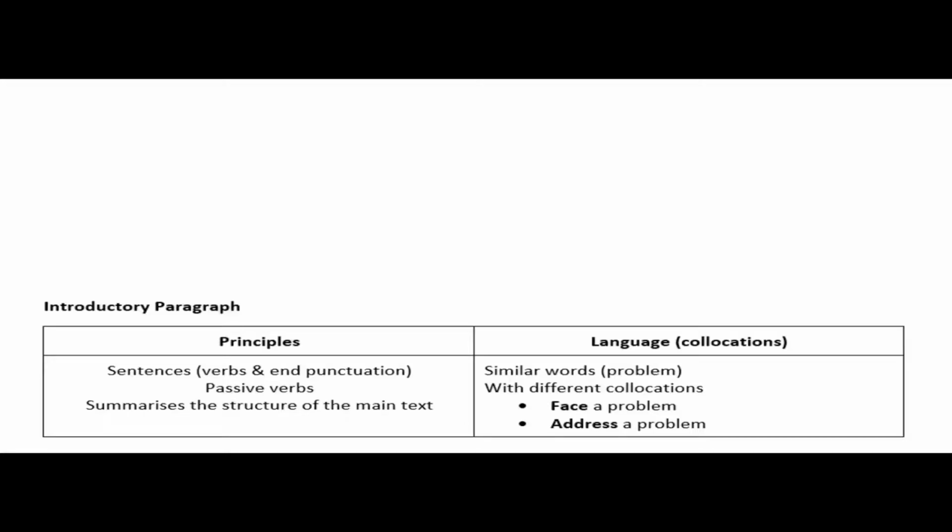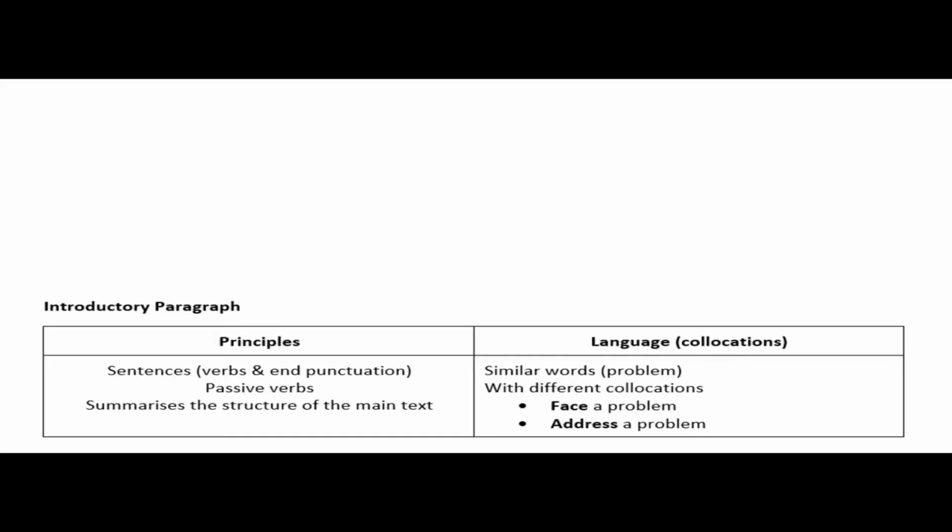So in summary, from the introductory paragraph, we've learned a few principles about sentences, verbs, punctuation, that we can use passive verbs, and the structure of the introduction, the structure of the opening paragraph is the same as the structure of the main text.